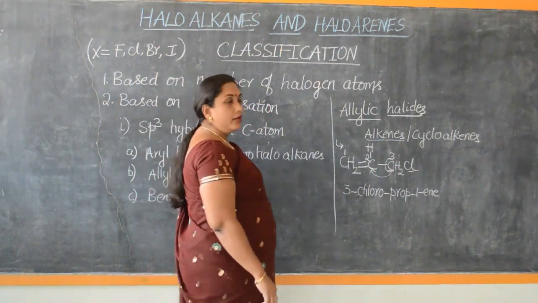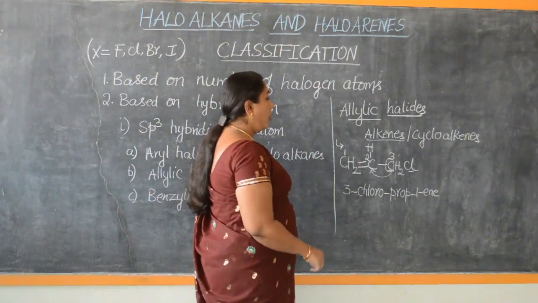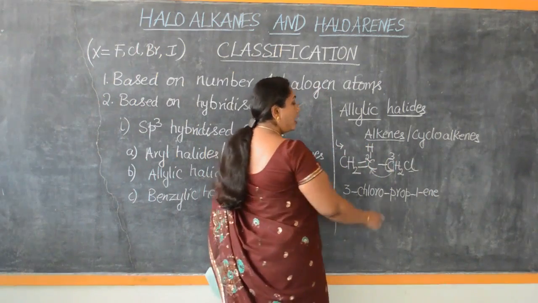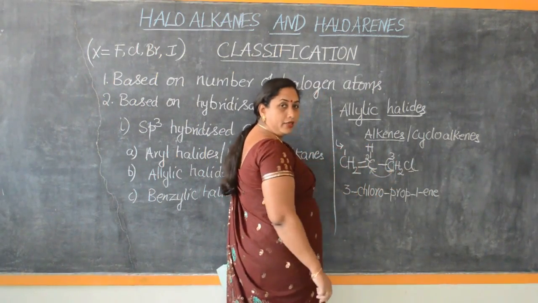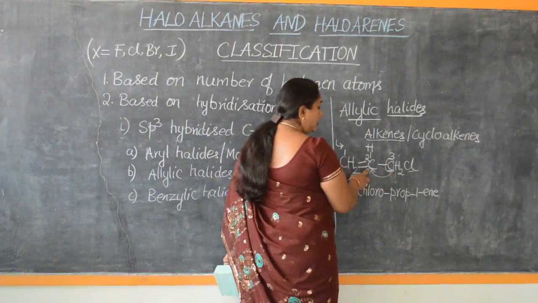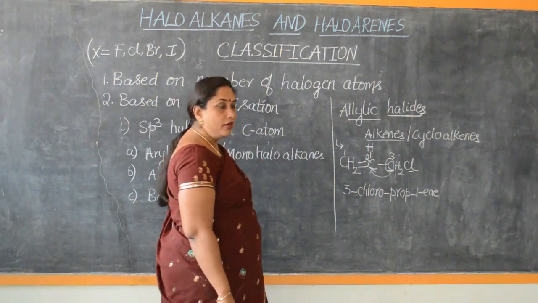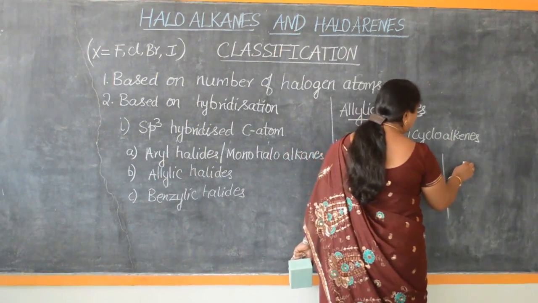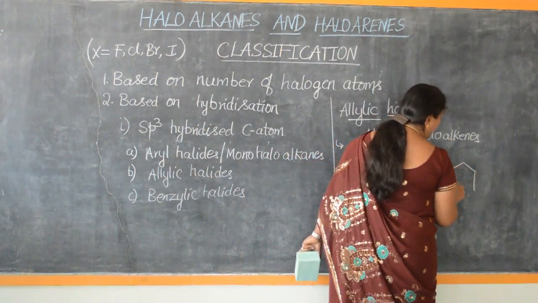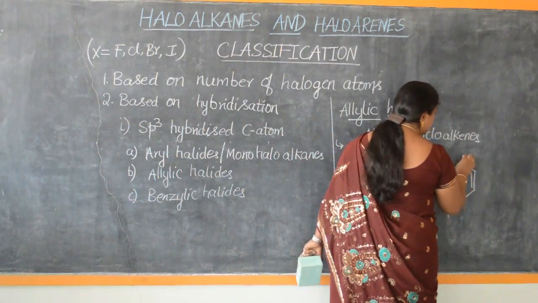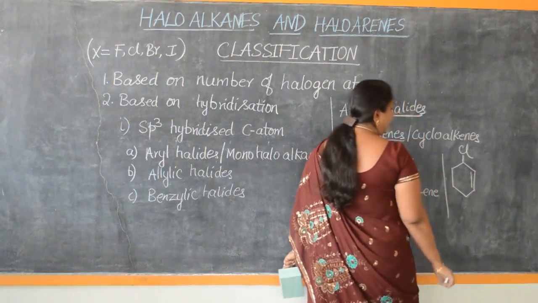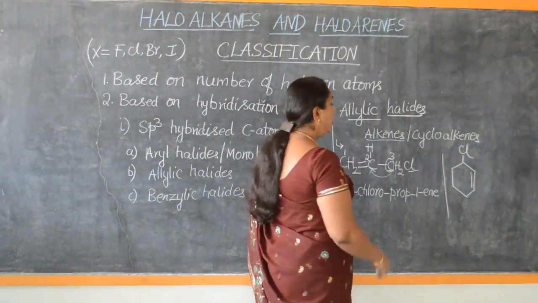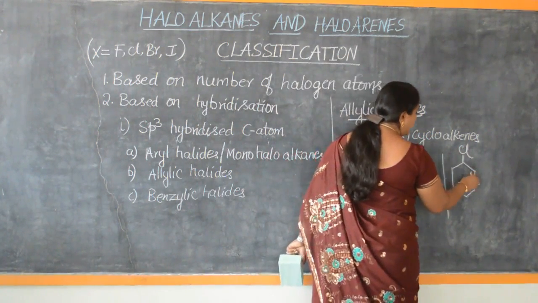I repeat, what are allylic halides? They are the alkenes which contain halogens in them, wherein the halogen atom is attached to the carbon atom which is saturated, in turn is attached to the carbon atom involved in the double bond. Now let us take up an example for cycloalkene also. Now this is a cycloalkene, and with that Cl is attached. Cl is the halogen under consideration. Now what is the name of this compound?